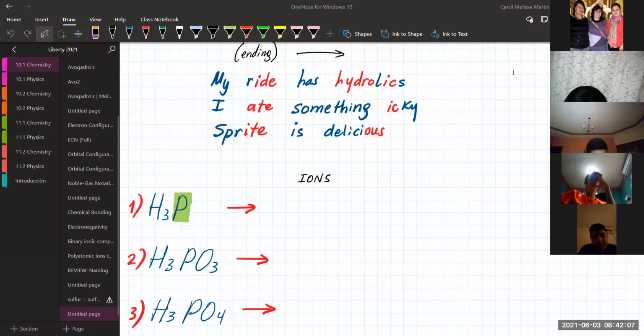So the ions for acids always have H plus. Always H plus. Now what is the ion?